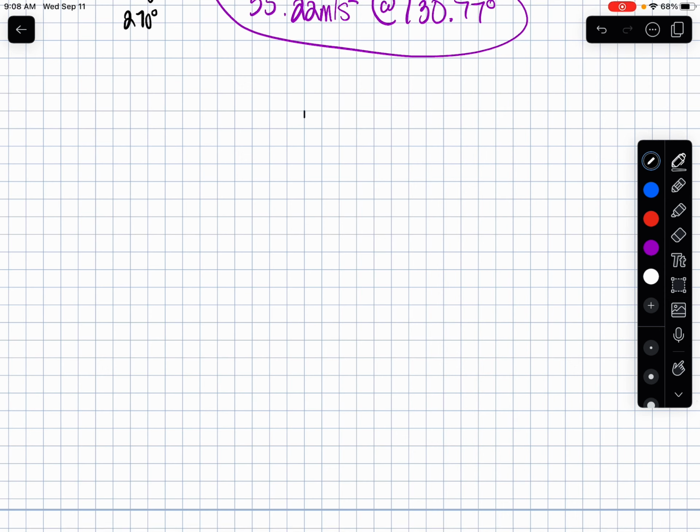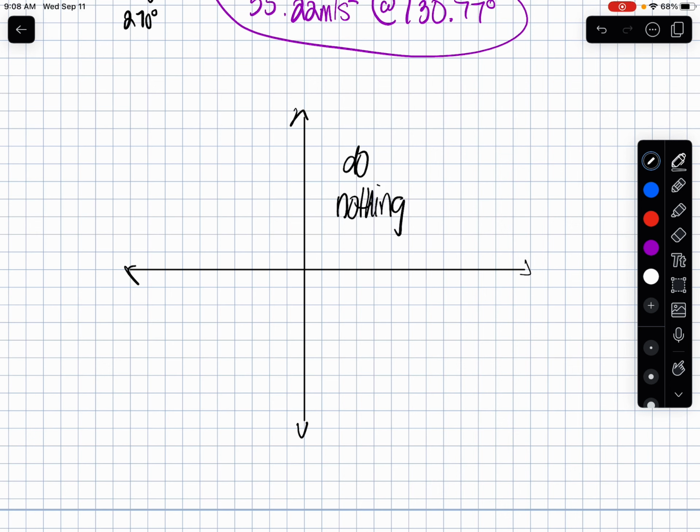Okay, I'm gonna give you a little cheat sheet, depending on the quadrant you're in. And the quadrant you're in is going to depend on your total x and y. Okay. So if you're in quadrant 1, you don't have to do anything to your angle. Whatever you get for theta is going to be the right answer.